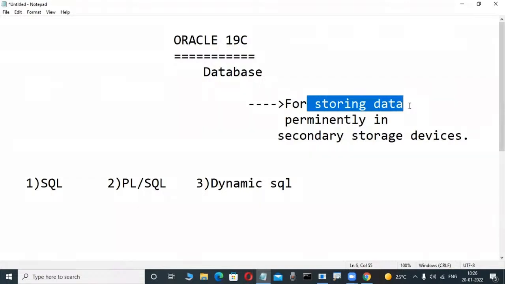But that is absolutely wrong. Databases are not only for storing data, there are so many things. Efficient retrieval of data is important. Suppose, for example, observe the screen.